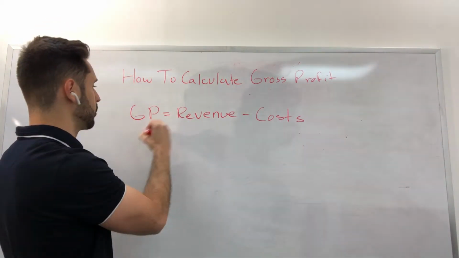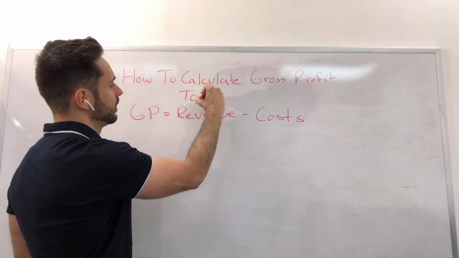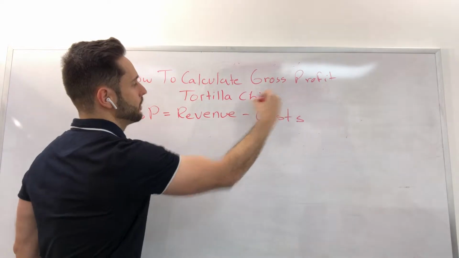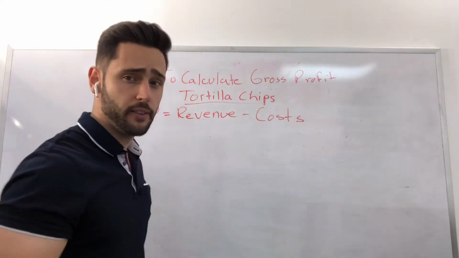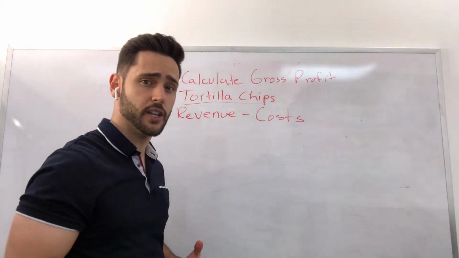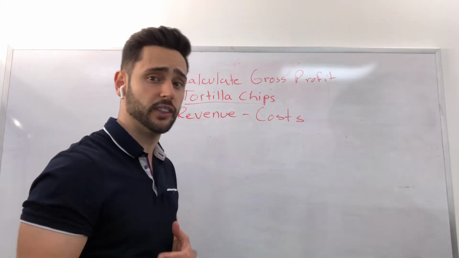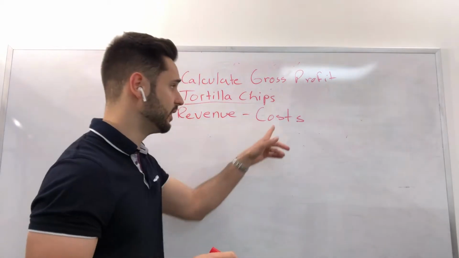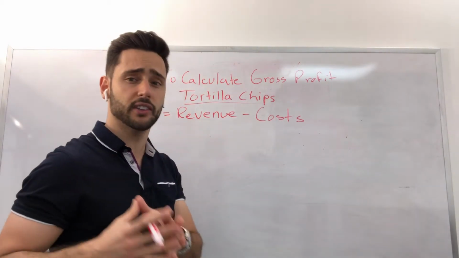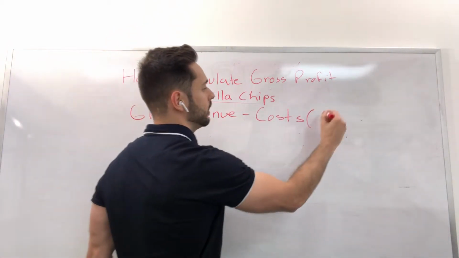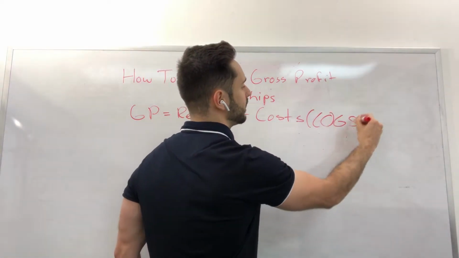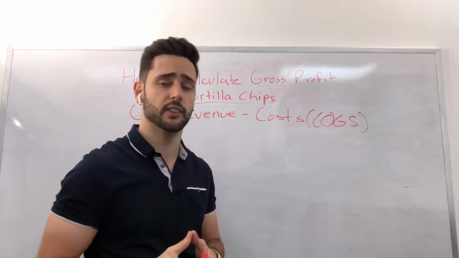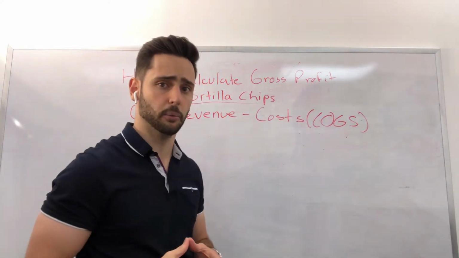So if we're considering tortilla chips, for instance, we would only be looking at the revenue generated by the tortilla chips and the costs associated with making the tortilla chips. But it's important to understand these costs are your cost of goods sold, or COGS. The cost of goods sold are the costs of the raw goods that went into the tortilla chips.